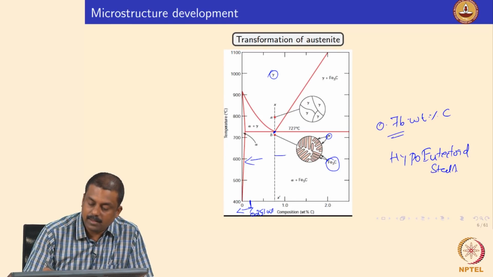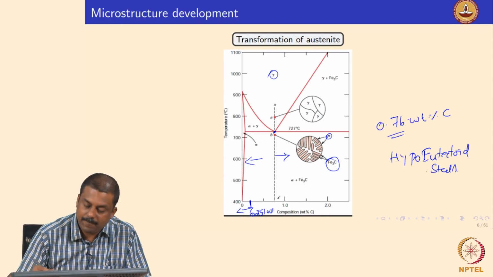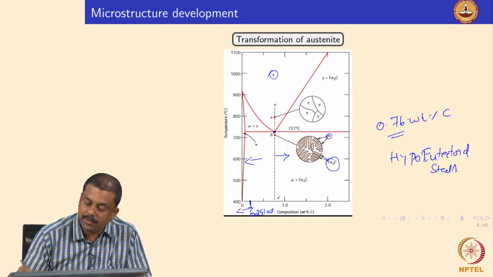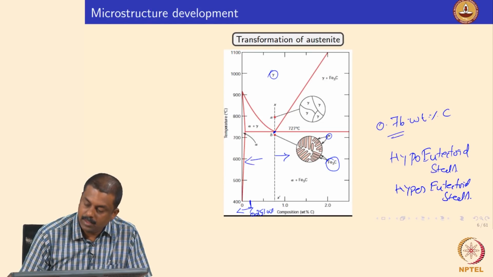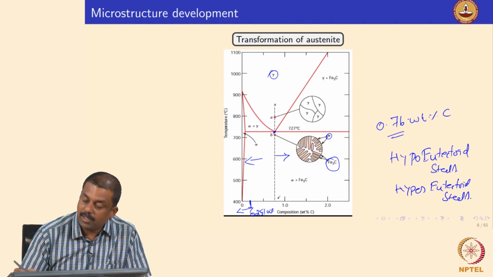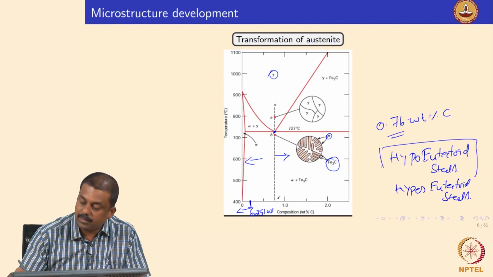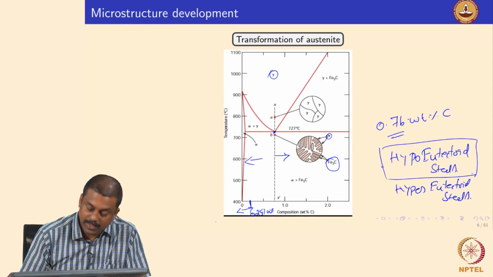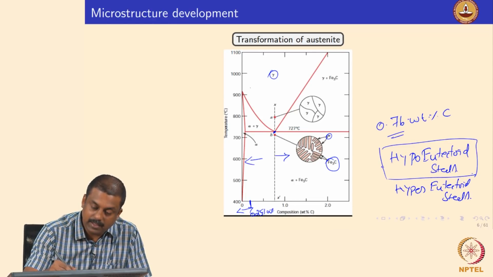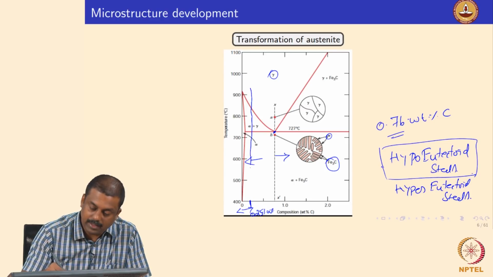The steels having a carbon concentration above the eutectoid point are known as hypereutectoid steels. Right. So, our advanced high strength steels are all hypoeutectoid steels, where the carbon concentration is less than the eutectoid composition, right. So, as I already explained in the previous slide, our composition lies somewhere over here, right.